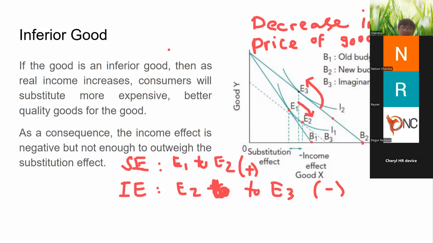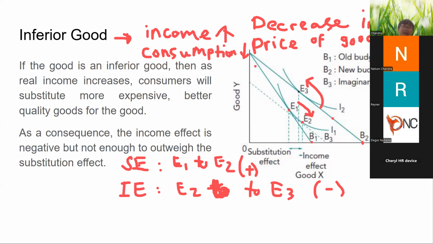And you know, inferior goods are goods that when your income goes up, the consumption goes down. That is what you have to know. When your income goes up, the consumption goes down. That is for inferior goods.